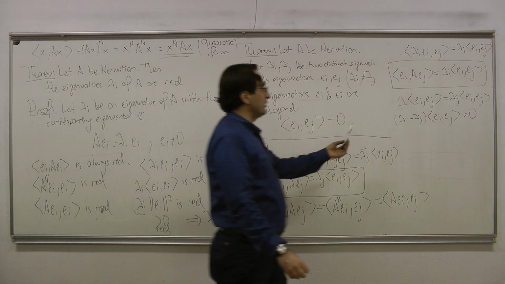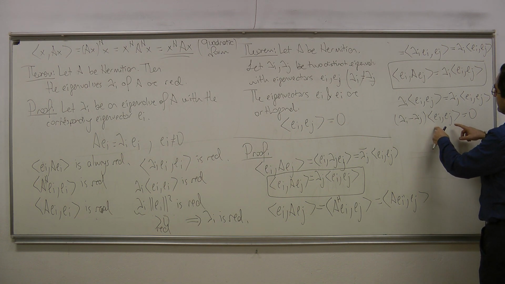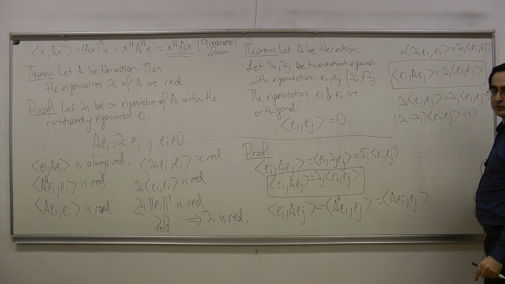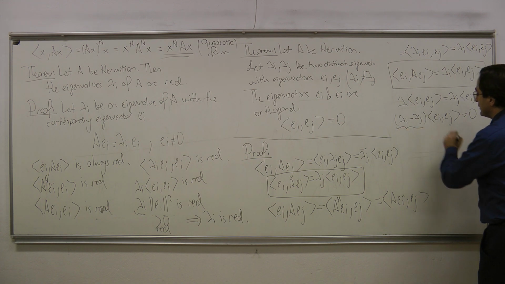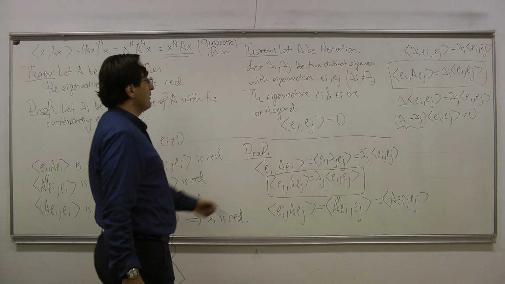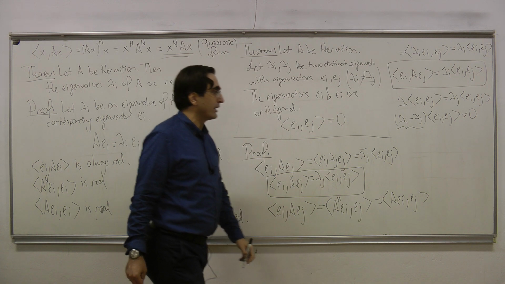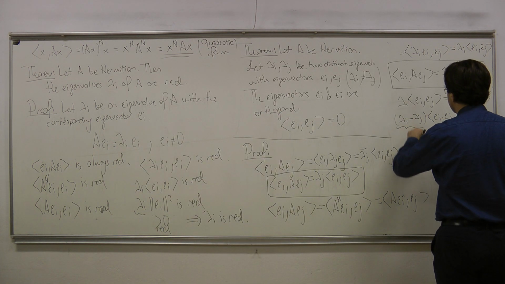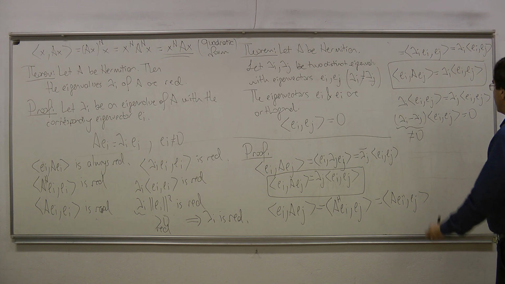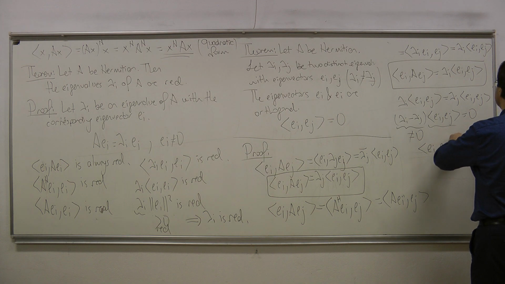Now this is a multiplication of two scalars and the result is equal to 0. That means that either this number is equal to 0 or this number is equal to 0, or both are equal to 0. Can this number be equal to 0? I know that in this case the eigenvalues are distinct, so lambda I is not equal to lambda J. That means this number is non-zero, so this inner product should be equal to 0.